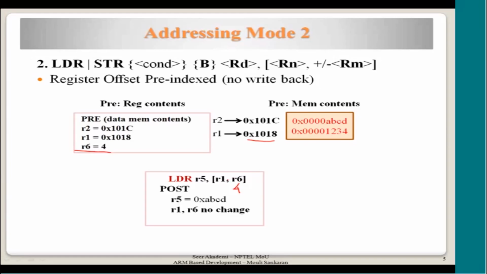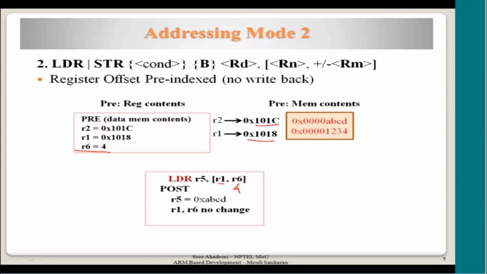Now because I have not mentioned anything, it takes it as a positive plus. That means I am interested in accessing the location which is 4 bytes ahead or further from where R1 is pointing at. R1 is currently pointing at plus 18, so I will be accessing what? This address.